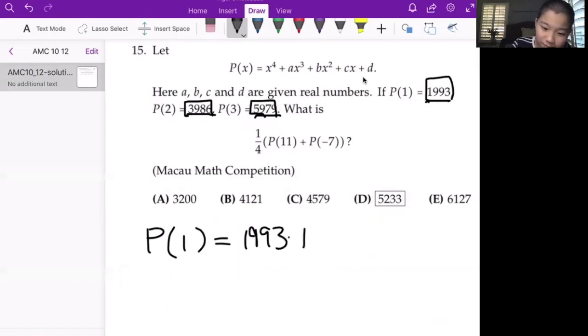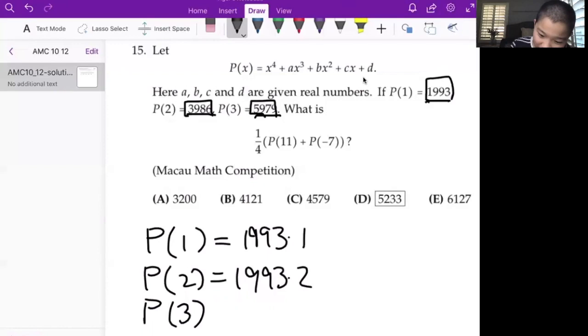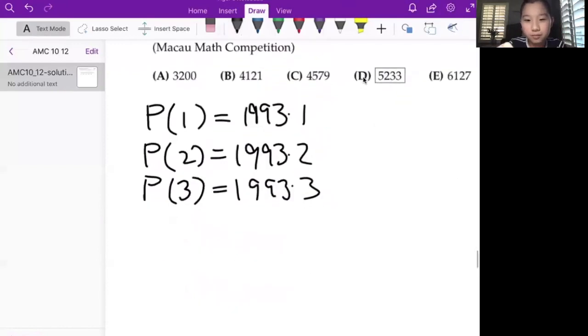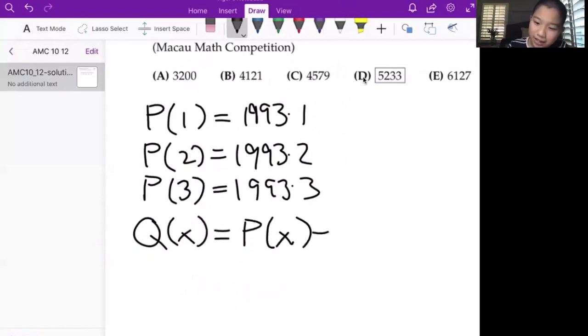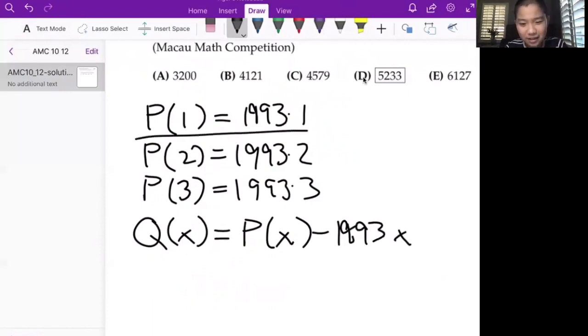How about we say q of x equals p of x minus 1993x. That would mean p of 1 minus 1993 times 1 would be 0. And then q of 2 would be 0. q of 3 would be 0.